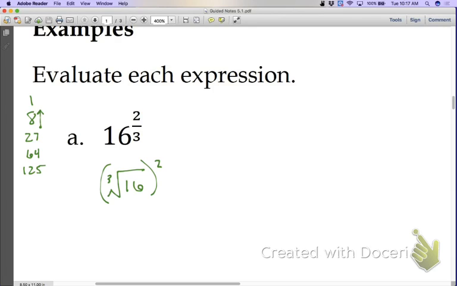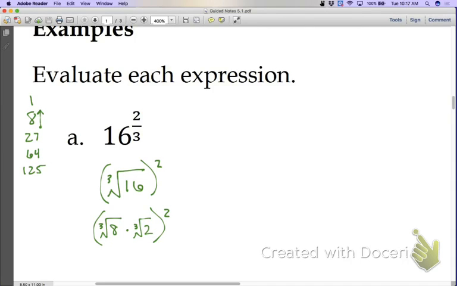Can I rewrite 16 another way? Can I write it like this? What's 8 times 2? 16, right?